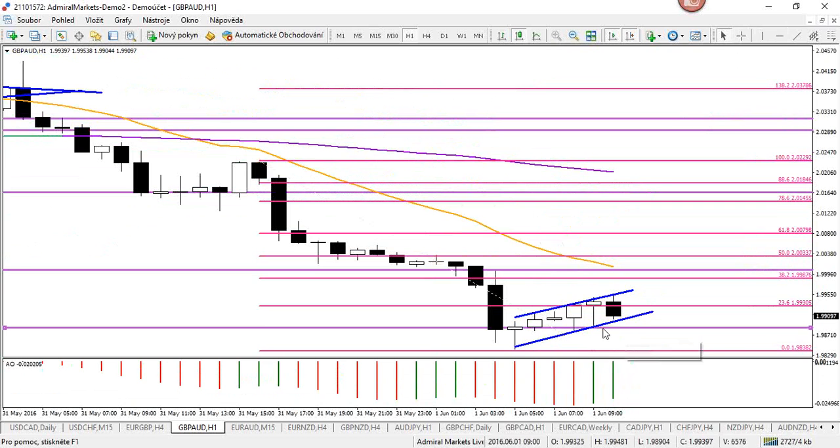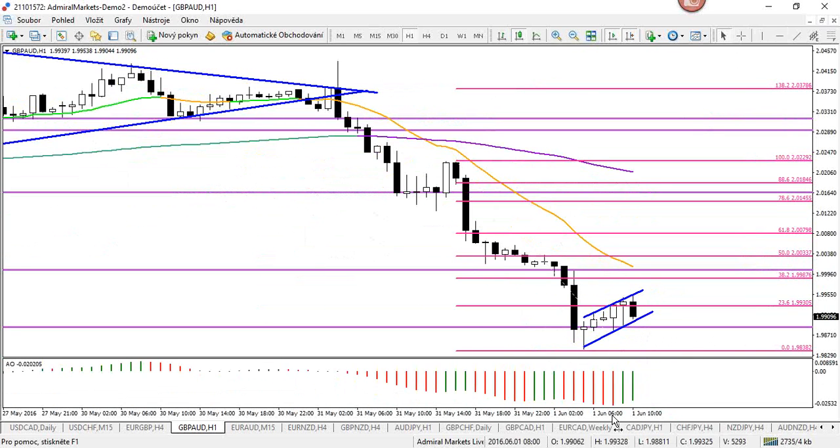A close below this low and a close near the low of this candle. Otherwise, I don't think it would be enough to show momentum to the downside. That would be the minimum, I think, but we're not sure if it's going to happen. It's a couple of bullish candles already in a row. Fifth candle is important. This is the fifth.